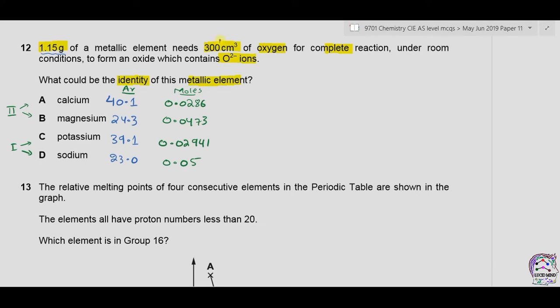Let's find the number of moles of oxygen that is given. So the number of moles is equal to volume in centimeter cube divided by 24,000. So the number of moles come equal to 0.0125. For reaction of group 2 elements with oxygen, we can write metal from group 2 reacts with oxygen to form metal oxide.